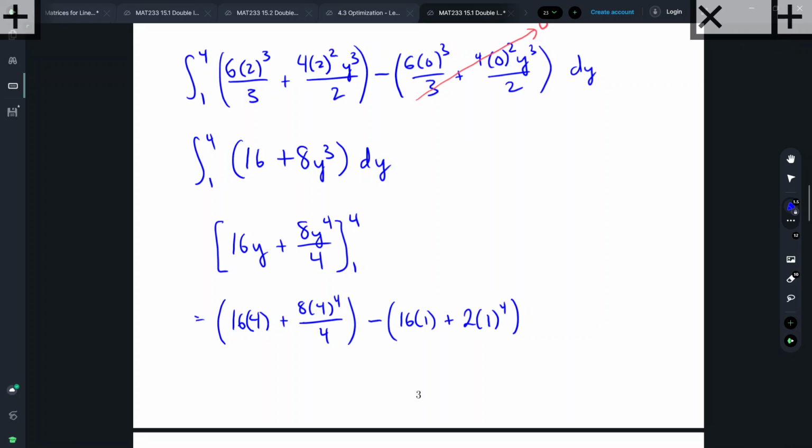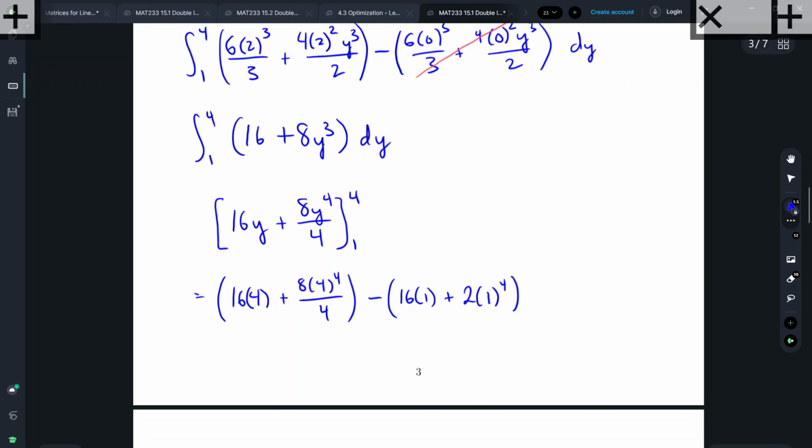So what is this equal to? 16 times 4 is 64. And then here 8 divided by 4 is 2. 4 to the 4th, what is that? 16 times 16 is 256. 256 times 2 is 512. And then minus 16. And this minus also distributes to this, so that's minus 2.